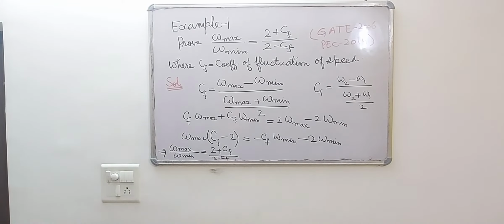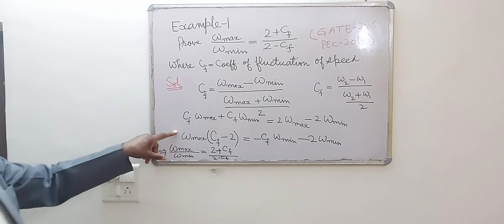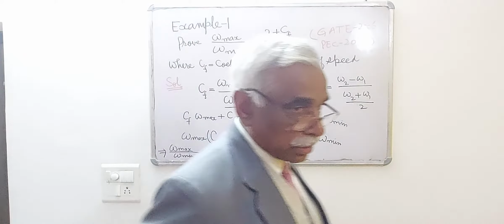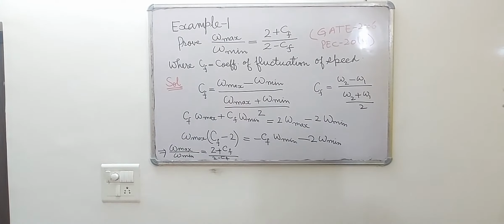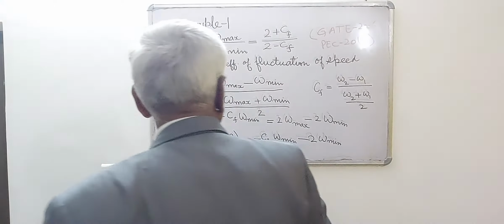This was to be proved. Hence it is proved. So the ratio of the maximum speed of the flywheel to the minimum speed can be written as 2 plus CF divided by 2 minus CF. It was to be proved.